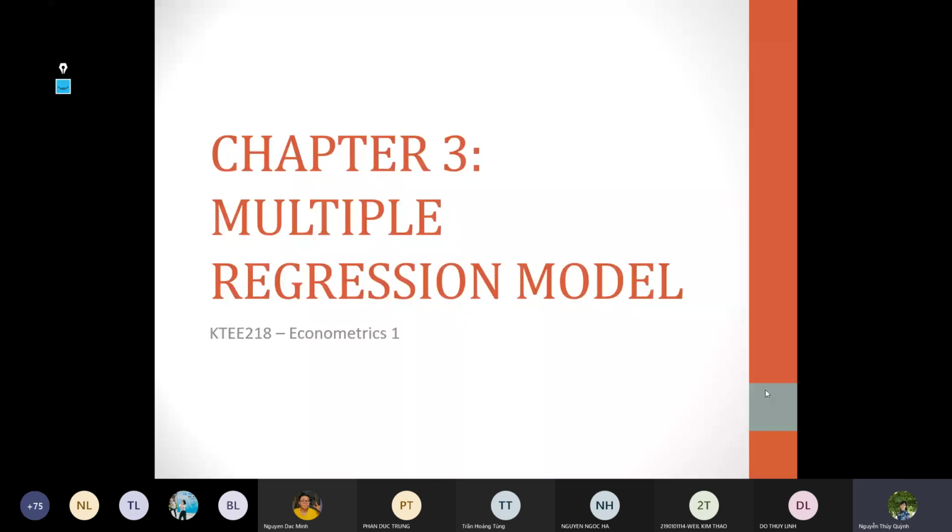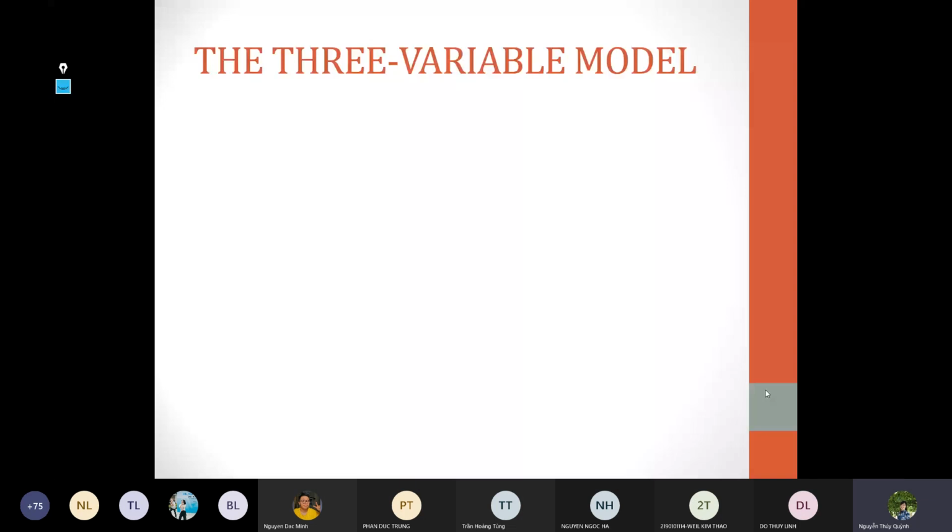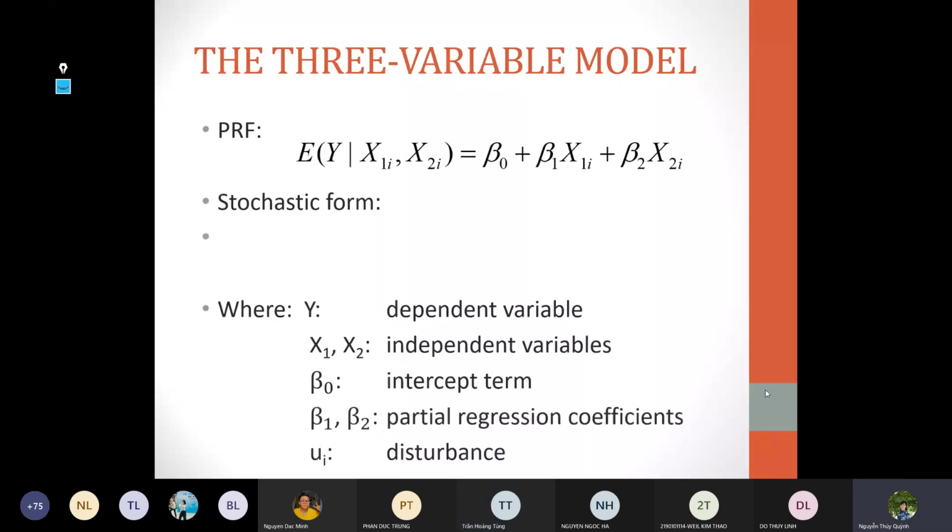All right. Now let's begin with the simplest multiple regression model, that is the 3-variable regression model. Now we have the population regression function like this. We still have the conditional expected value of y, the dependent variable, conditional on the given values of x1 and x2.